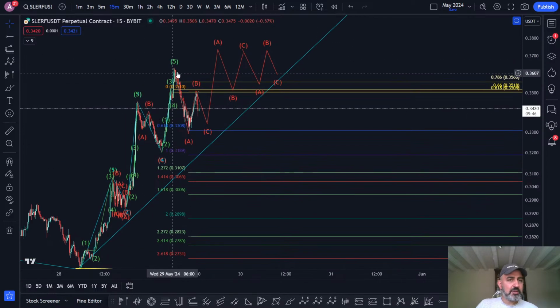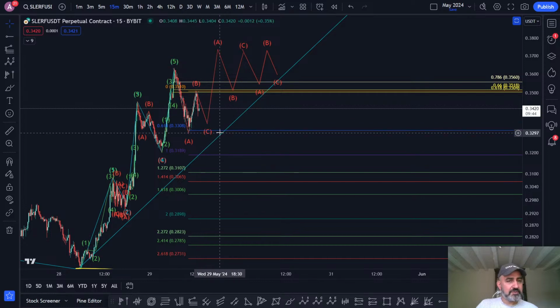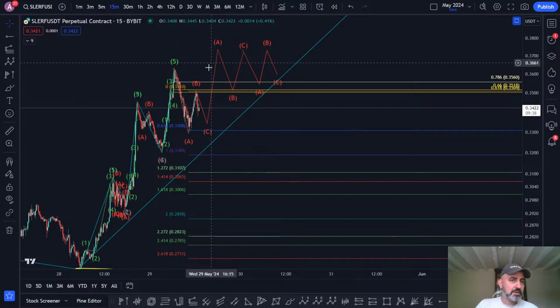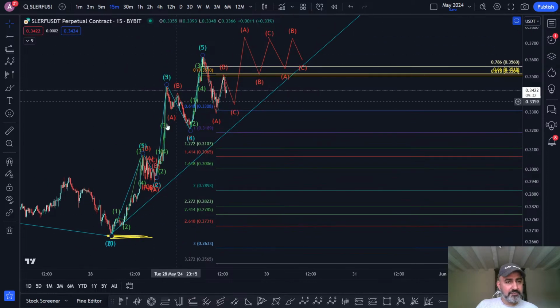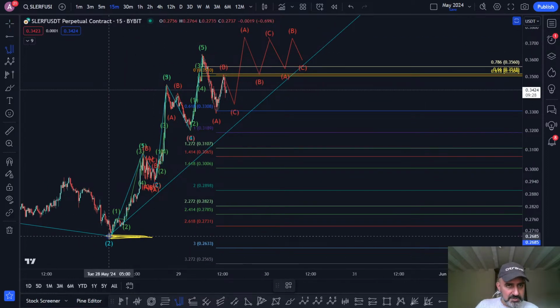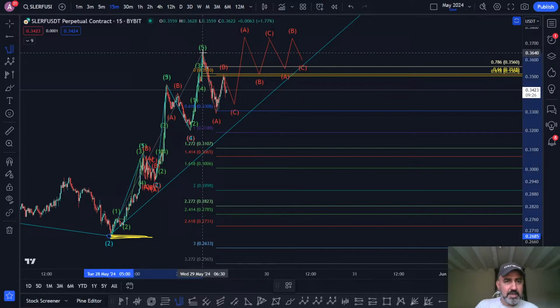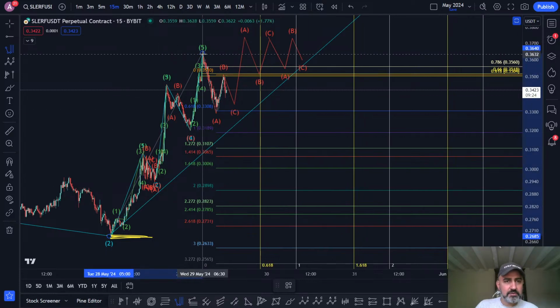It'll be a lot easier to sell if there's a market structure change to bearish, but if suddenly you see another push up, it's not the beginning of the impulse yet. In the context of this correction, in the context of this impulse, just based on fib time, take it from 1 to 5.